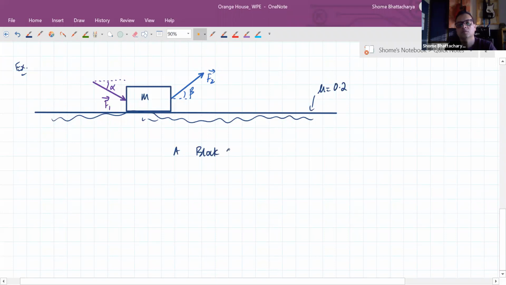So a block of mass m equal to 10 kg, initially at rest.